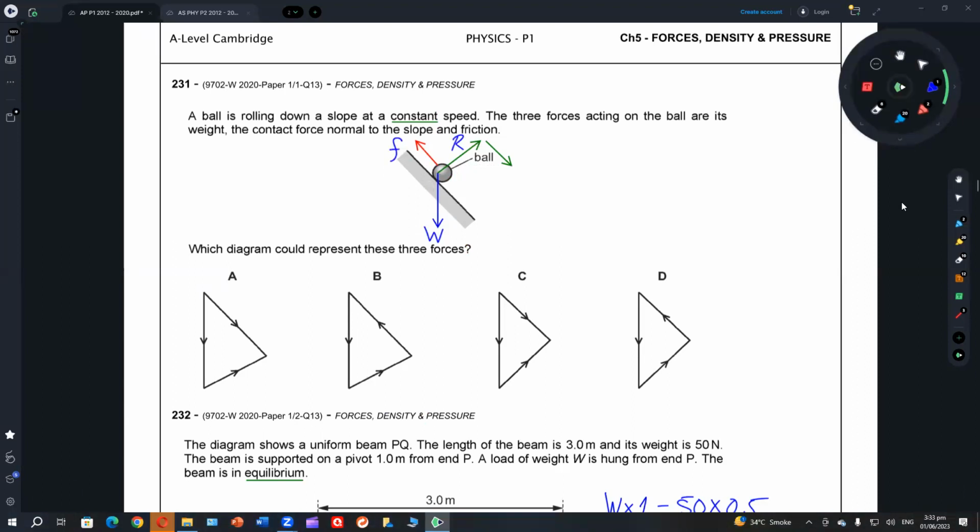Now, you know that it should be a head to tail version, but A is not a right option because A is showing resultant. So A is wrong. We do not need resultant here.